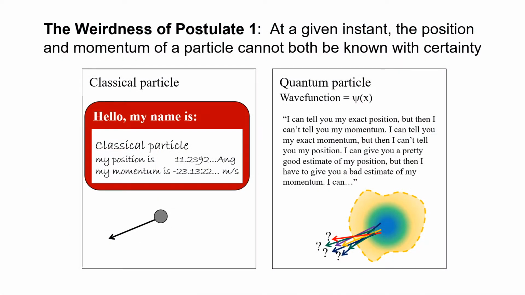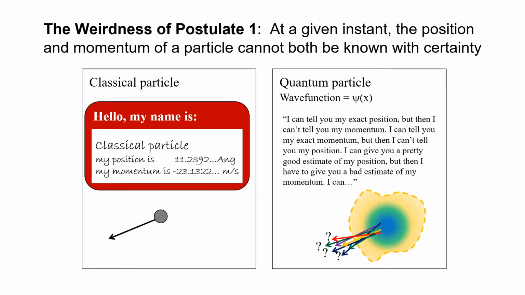Postulate 1 is weird for another reason, because of the uncertainty principle. At any given instant, the position and momentum cannot both be known with certainty. So in the classical world, on the left, a particle can tell you its properties. Hi, my name is so-and-so. My position is here. My momentum is this number. My energy is this number.